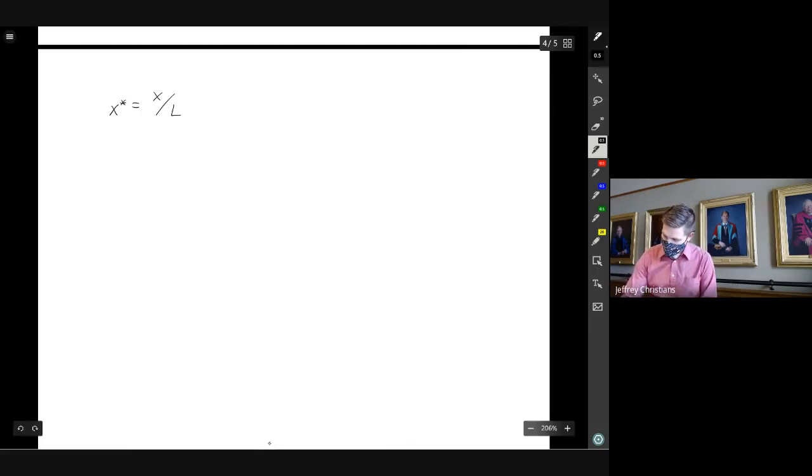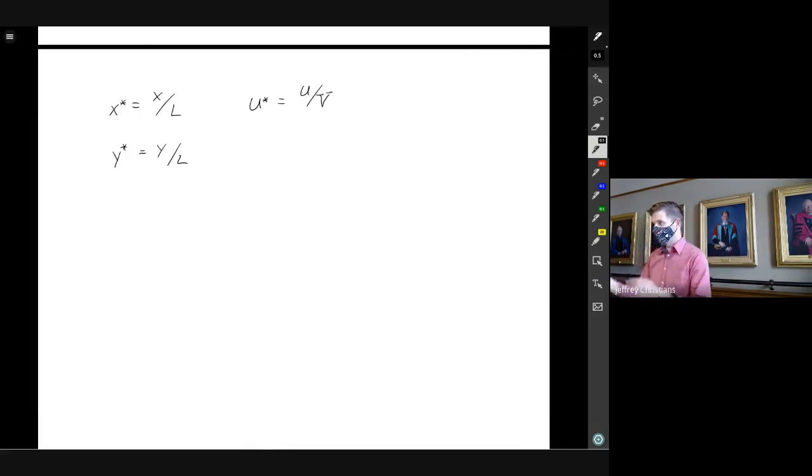Y star is your current y position divided by a distance. And then you get the same for velocities. U star is the velocity divided by some reference velocity. V star is little v divided by that reference velocity.